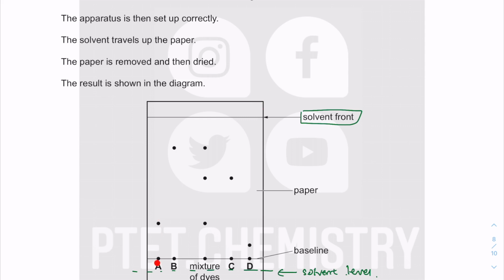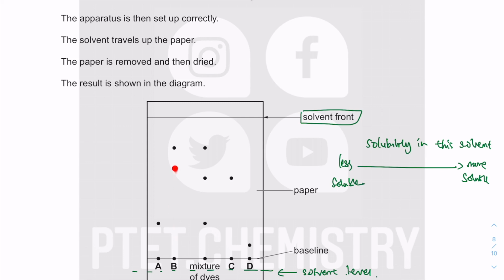As you could see, dye A goes up, dye B is more soluble than A in this solvent. That's why it travels a much further distance than A. And C also gives you one spot, and D gives you one spot. If I think in terms of solubility in this solvent, going that way is more soluble and going this way is less soluble, so you have to think about which one travels the furthest distance.